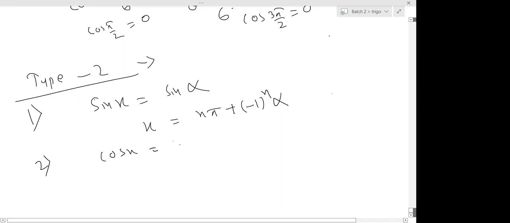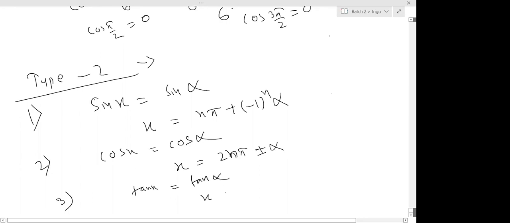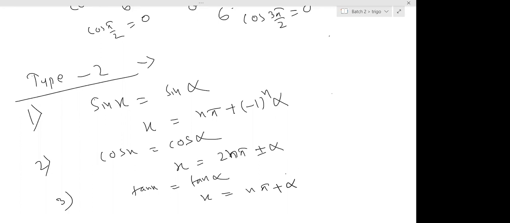If cos x equals cos alpha, then x equals 2n pi plus minus alpha. If tan x is equal to tan alpha, then x equals n pi plus alpha. Write it down. I'll explain by an example.